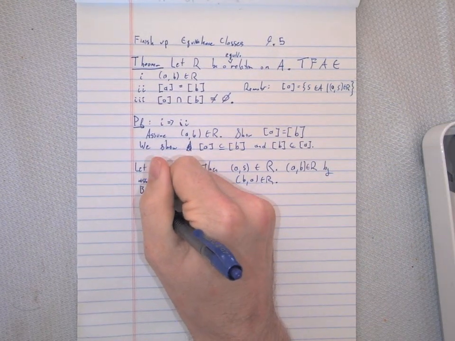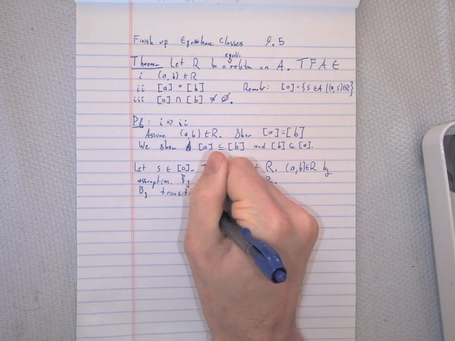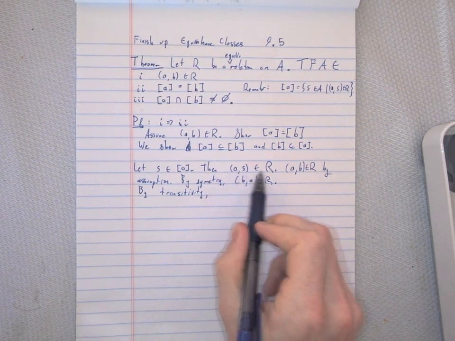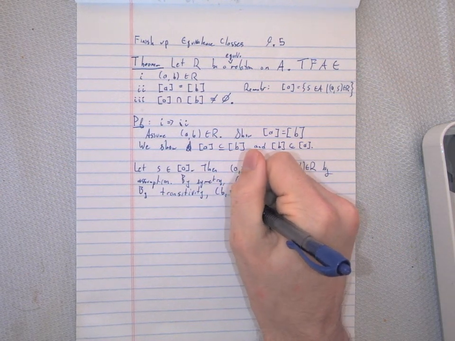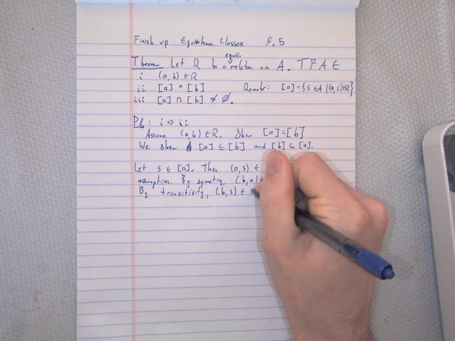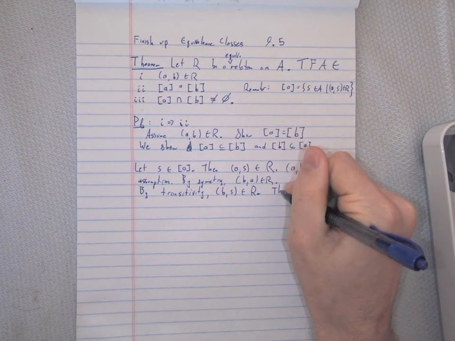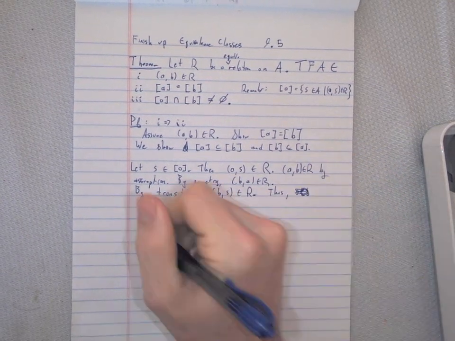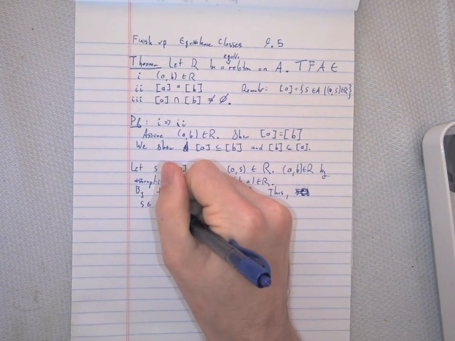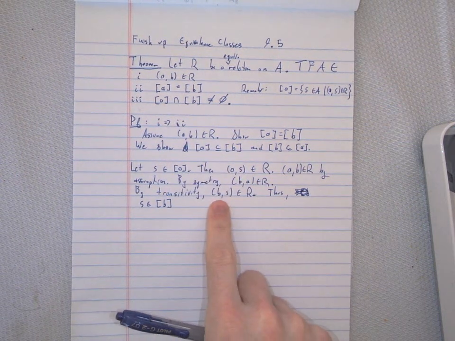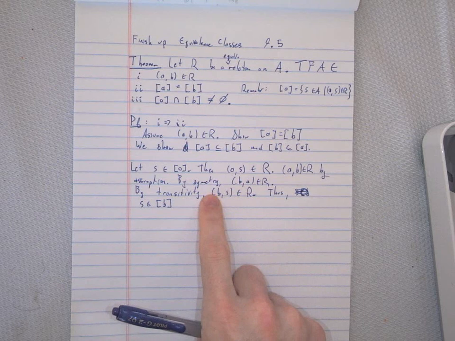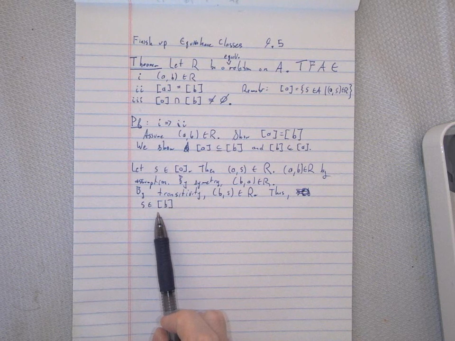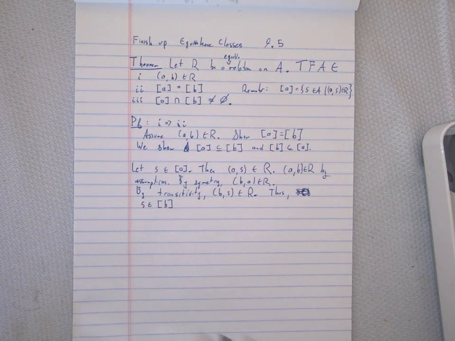By transitivity of my relation R, if (b, a) is in R and (a, s) is in R, then (b, s) is in R. Thus, s is in the equivalence class of b. This is the definition of what it means to be in the equivalence class of b: (b, s) is in the relation. So I've shown that for every s in the class of a, s is also in the class of b, and the other direction is the same.